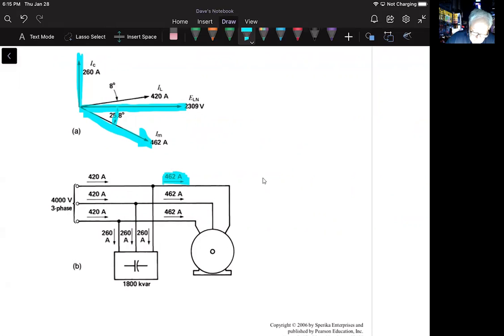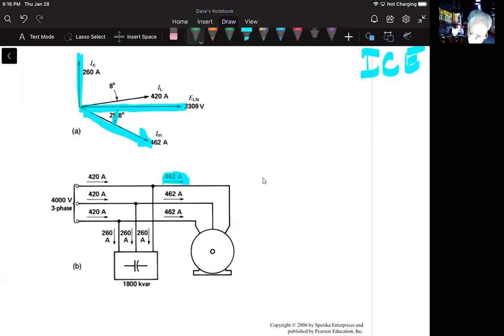The solution is to recognize that if the capacitors were connected in Y while generating the same reactive power, the line current of 260 amps would lead the line to neutral voltage by 90 degrees. This is the correct position for the phasor I sub C, no matter how the capacitor bank is connected internally, because of that, current leads voltage by 90 degrees.